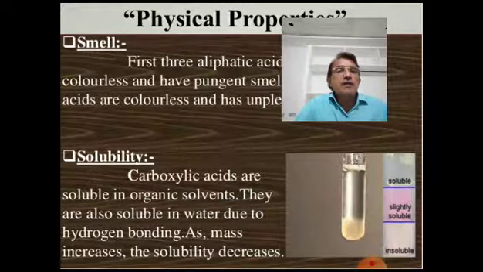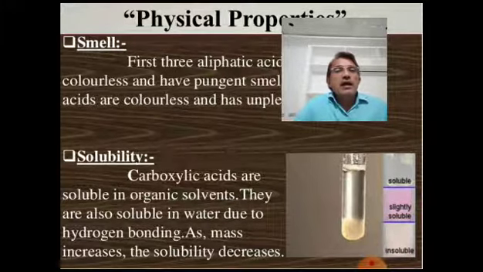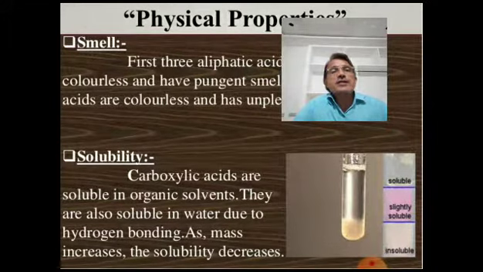Therefore, carboxylic acids are soluble in water. As the molecular weight increases, the solubility decreases. So from methanoic acid, ethanoic acid, propanoic acid, as the molecular weight of carboxylic acids increases, the solubility decreases.